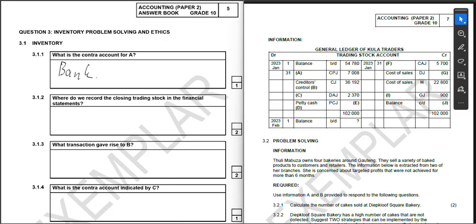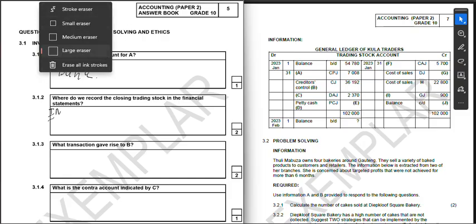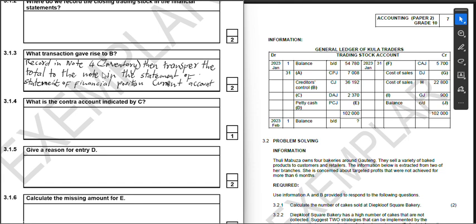We record the closing trading stock firstly in note number 4, which is inventory. So we are going to record in note number 4, the inventory note, and then transfer the total to the statement of financial position, current assets.